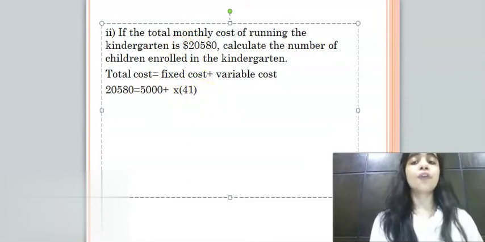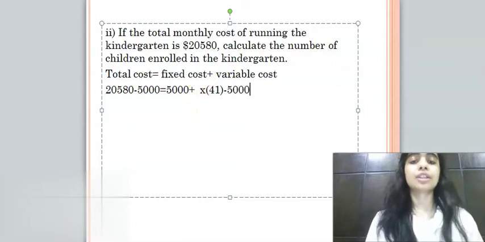So first of all, we will subtract 5,000 from both sides so that we can get rid of this 5,000 from this side. This will help us in isolating this x. Okay, so negative 5,000 on this side. So positive 5,000 and negative 5,000 will cancel out.